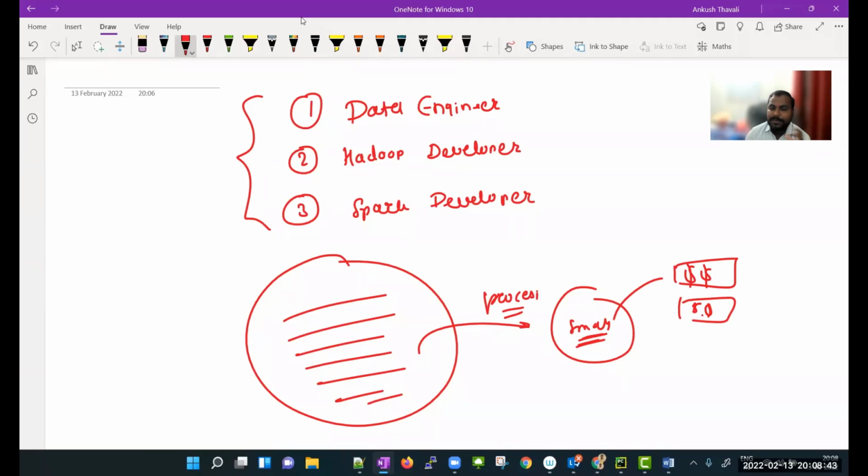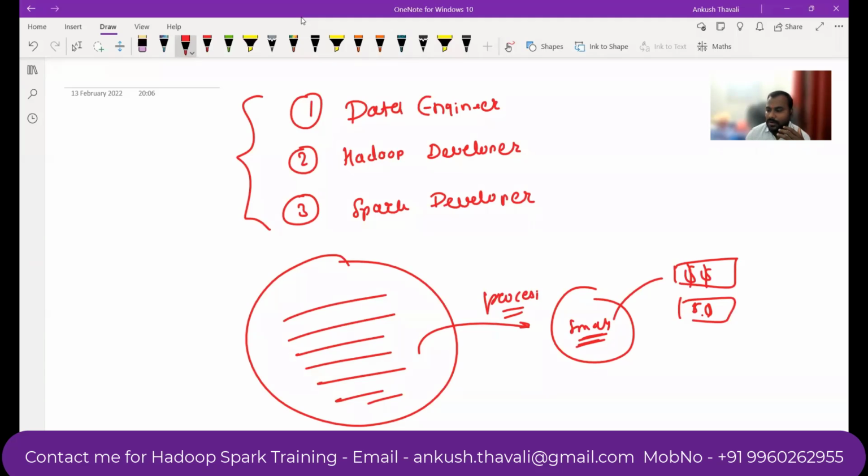So all these companies, like Amazon Prime, Netflix, Facebook, any big company, your Google Ads, AdSense, everything is based on data only. So what is this Hadoop doing here, what is Spark about, what is this data engineer all about?